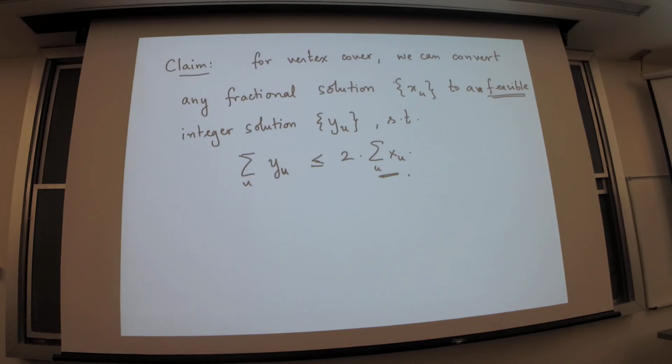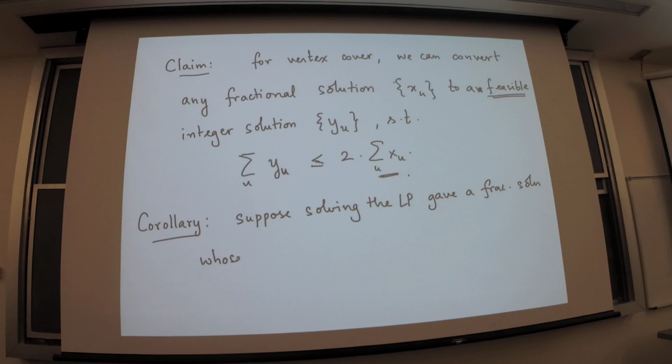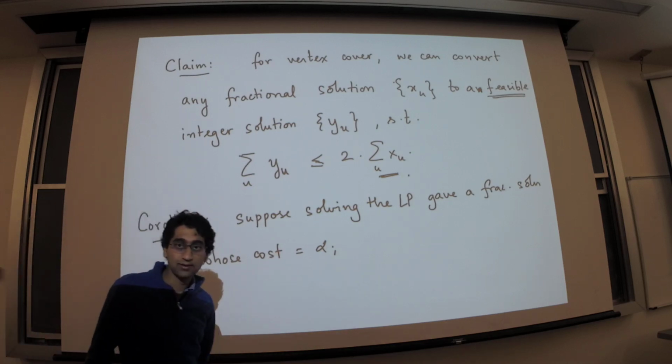Okay. And first thing I would like you to notice is the easy corollary that suppose solving the LP gives a fractional solution whose cost is equal to some alpha. Okay. Alpha need not be an integer or anything.